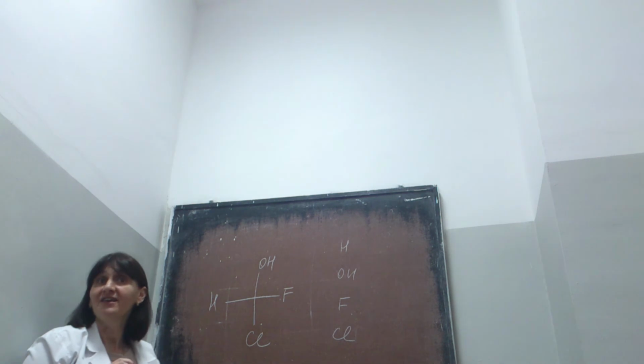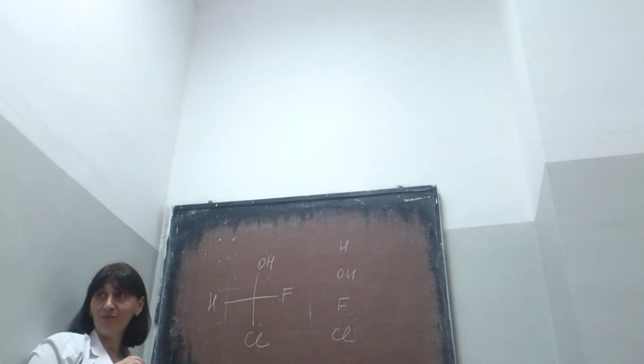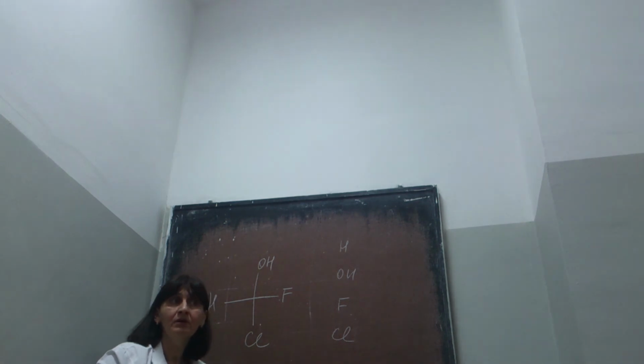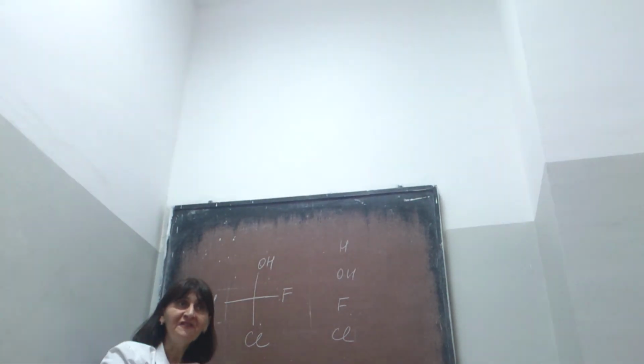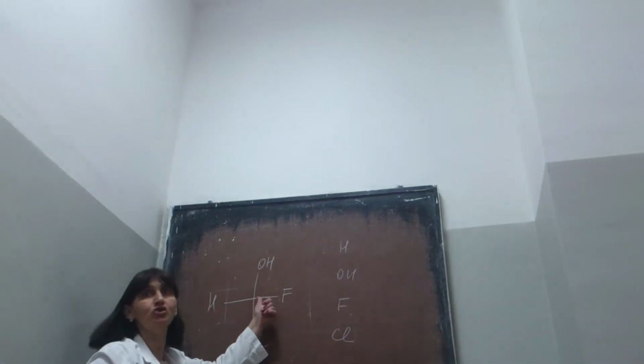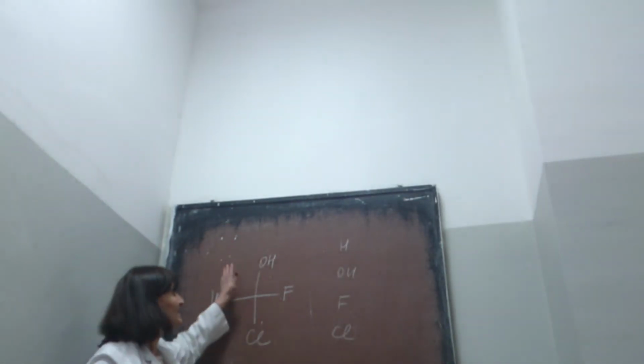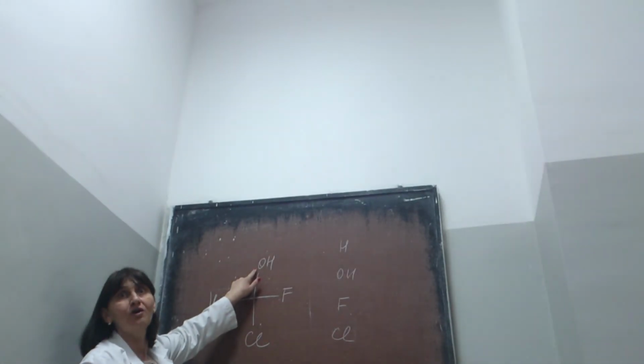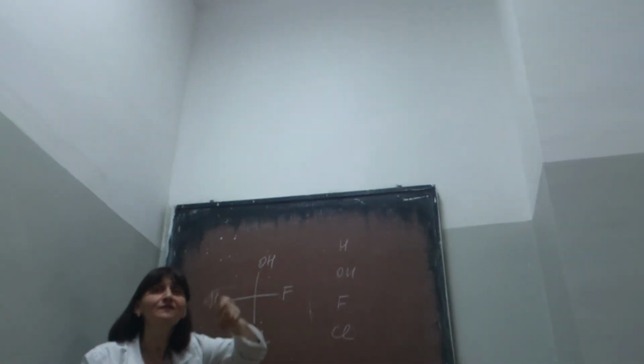For this, you need the periodic table. And look, what's the atomic number of the first atom bonded to this chiral carbon? In this case, your first atoms are F, Cl, H, and in this case, which one? O or H? O. You have to look at the first atom.